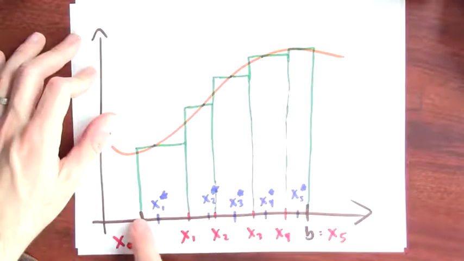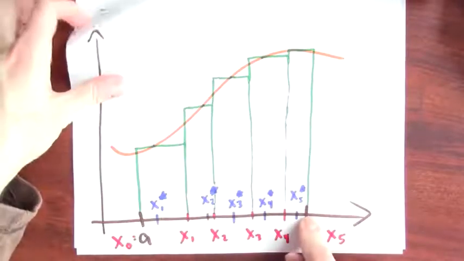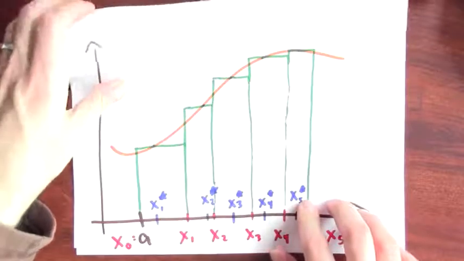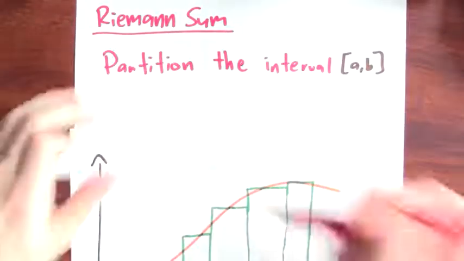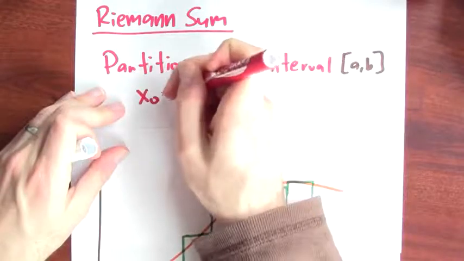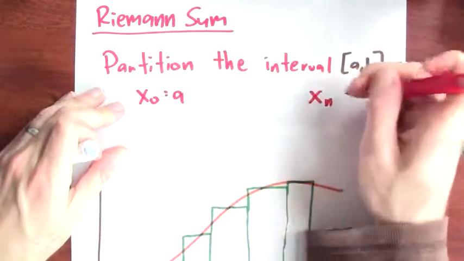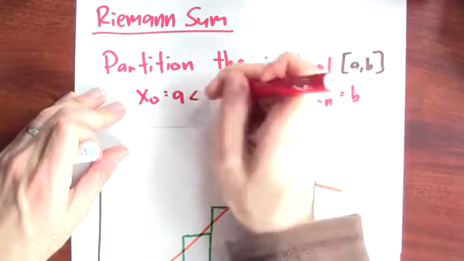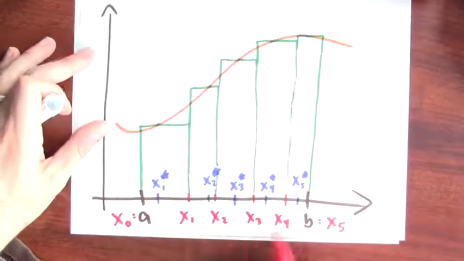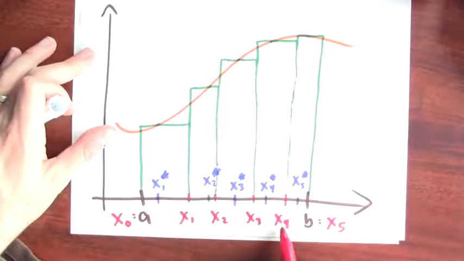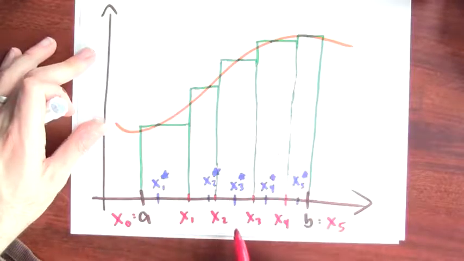Well, the first step is to partition this interval A to B so that I can decide where to build my little skyscrapers. What that involves is choosing x naught, which is just A, and x sub n, which is B, and then choosing x1, x2, and so forth in between A and B. In this picture I've chosen x1, x2, x3, x4, and I've cut it up into 1, 2, 3, 4, 5 pieces.